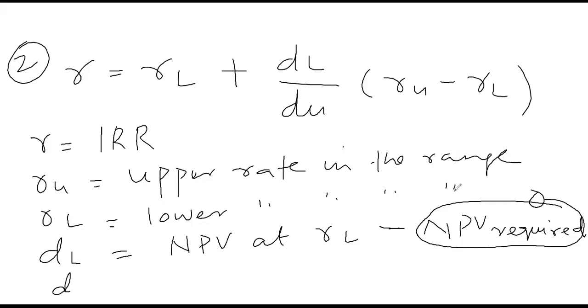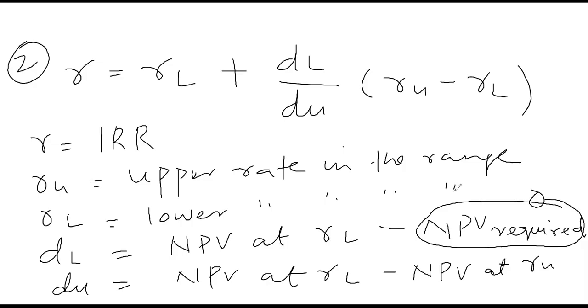Then DU is the difference between NPV at lower rate minus NPV at upper rate. You will surely get some question in your exam, and unless you follow the hint, usually you will waste time.